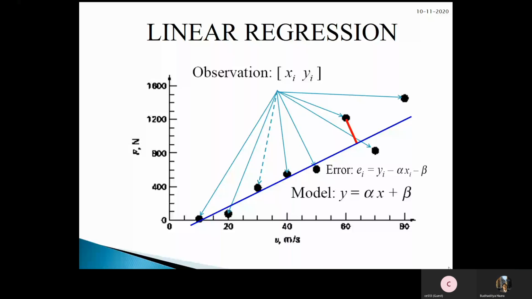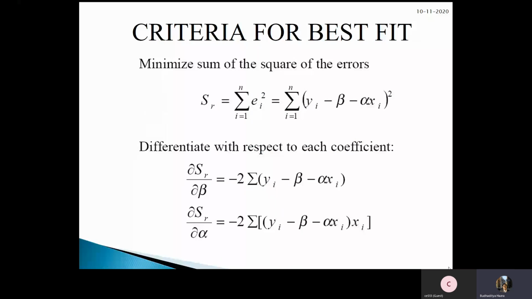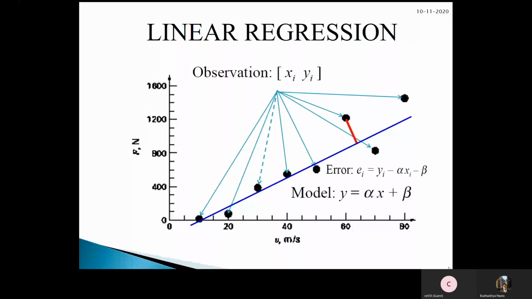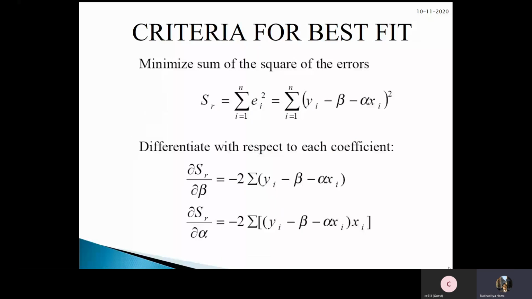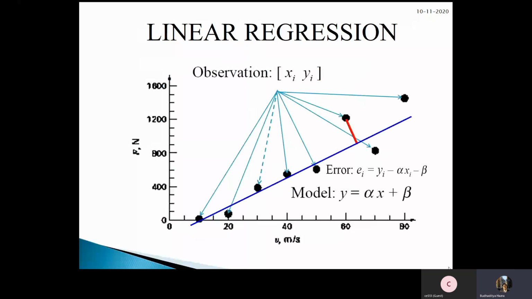It is that you choose that alpha and that beta which minimizes the square error of the observations. That is, you have the ei, so you form ei squares for each of these points, sum them up, and you minimize them with respect to alpha and beta.